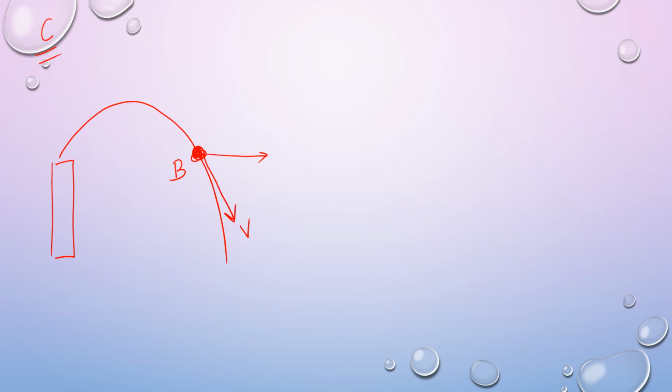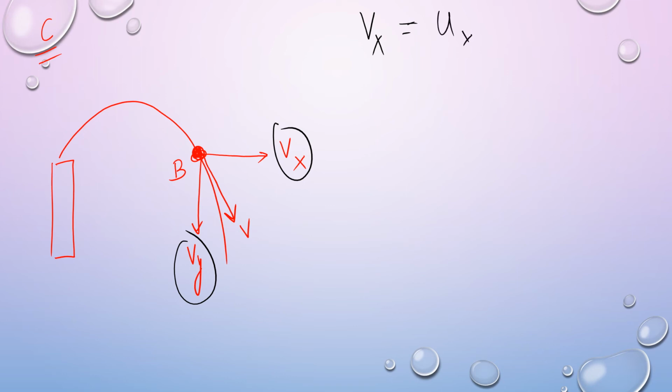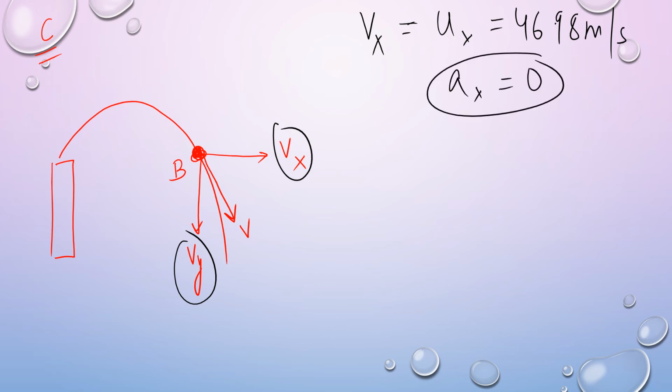Now I'm going to break this velocity, because it's a vector quantity, into horizontal and vertical components. So I'm going to first calculate this horizontal and vertical components. Now Vx was ux, which is 46.98 meters per second. Why? Because acceleration in that direction is 0, so velocity remains constant in the horizontal direction throughout my motion.